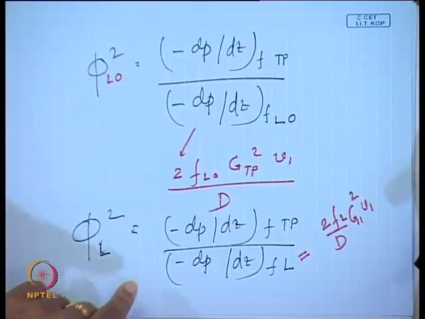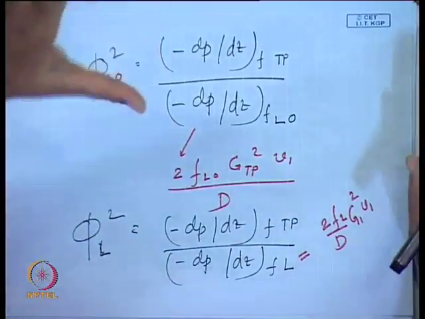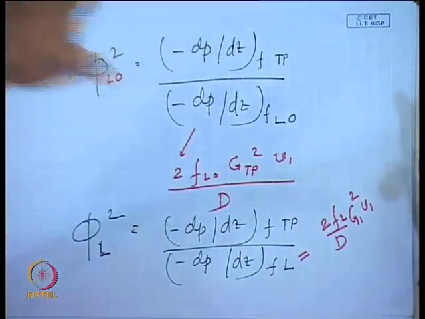This is a much more realistic situation, because assuming the entire mixture to flow as liquid means whatever gas was there, you also assume to flow as liquid. Phi square LO and phi square GO are useful for boiling and condensation situations, where we start with a saturated or a subcooled liquid and then gradually phase change occurs. For those circumstances, we use phi square LO or phi square GO.